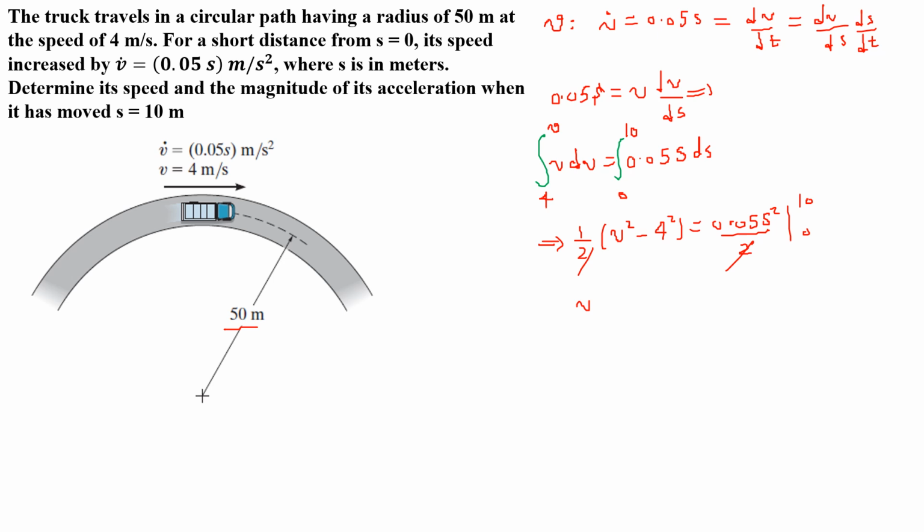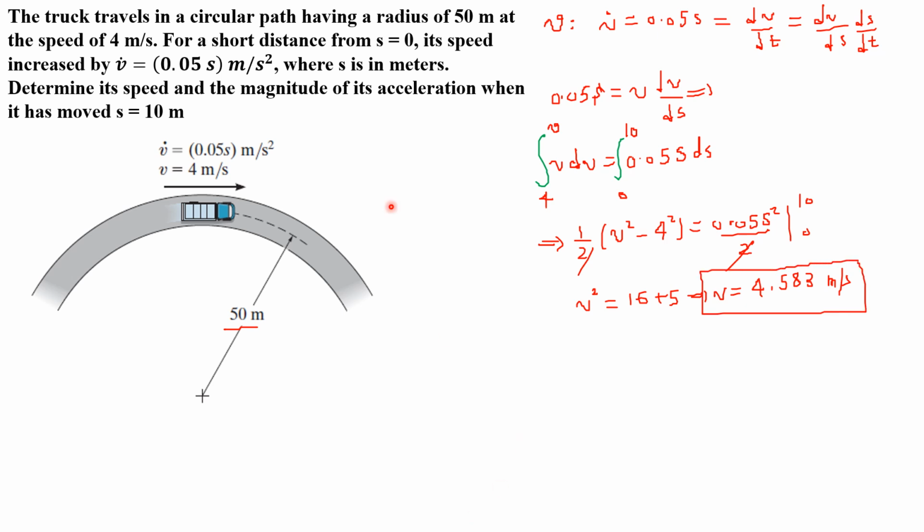We'll have v square equal to 16 plus 5, right? So we'll have v equal to 4.583 to 4 significant figures, meters per second. Okay, so we have just found v just like that.